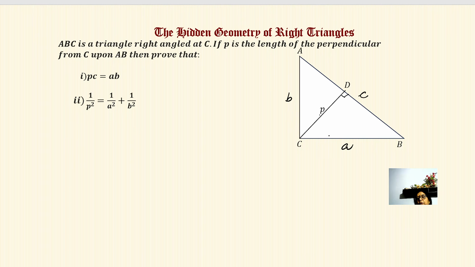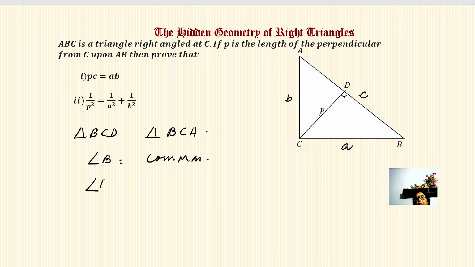So now, in order to prove that, let us take the triangle BCD and the triangle BCA. Now, in these two triangles, angle B is the common angle. And we have here angle BCA is equal to angle BDC, 90 degree.